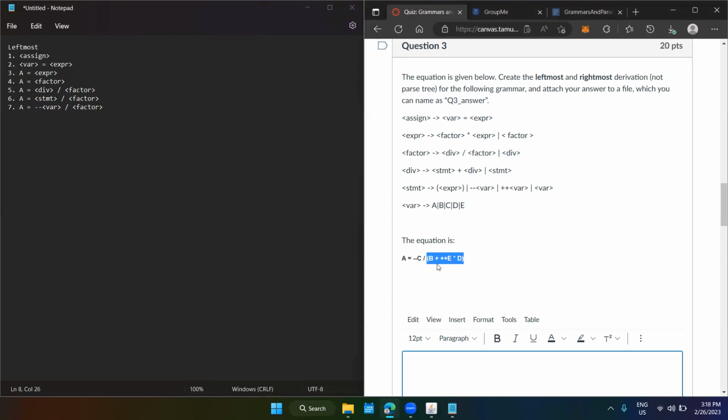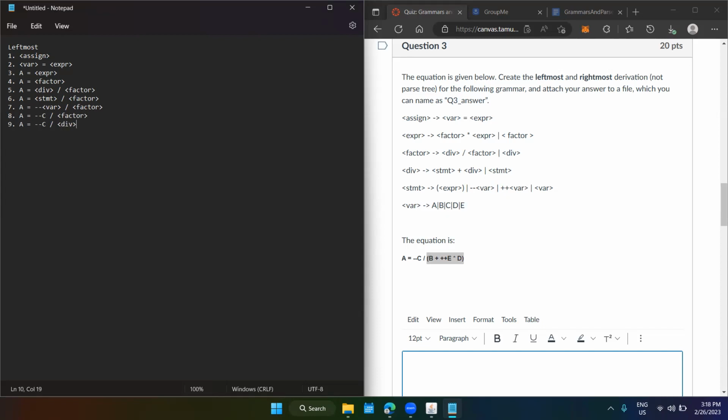Okay, I see. A equals minus minus C, I believe, divided by factor. Then 9A equals minus C divided by factor points to div.